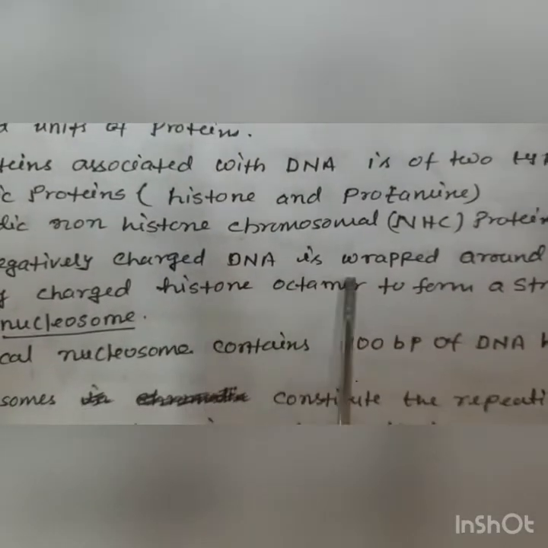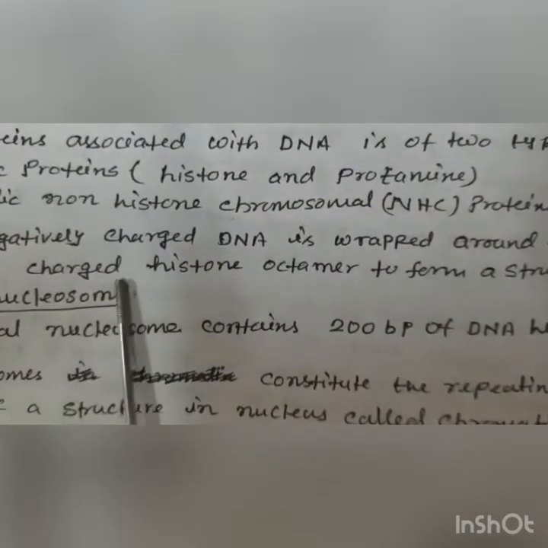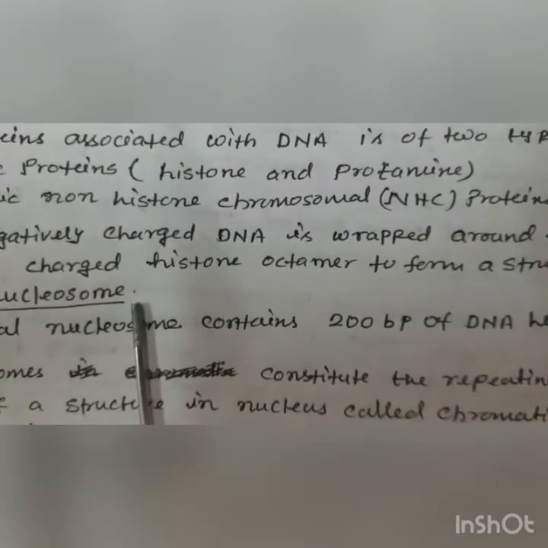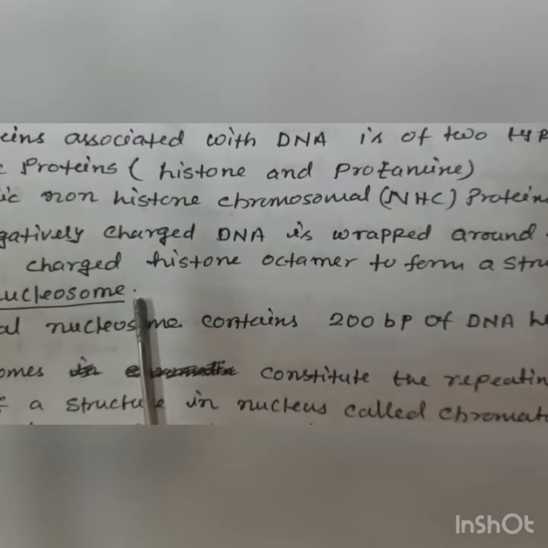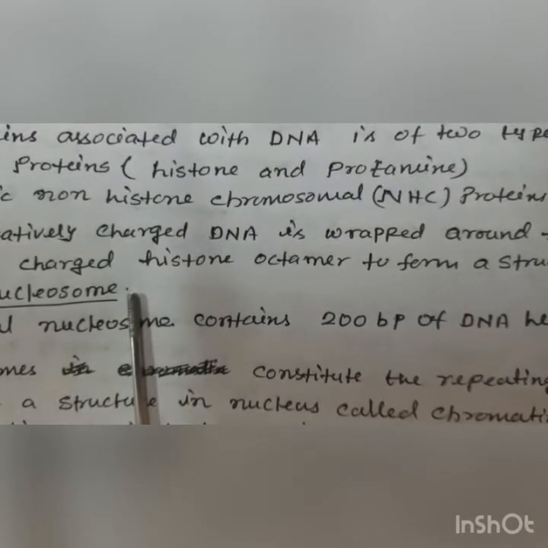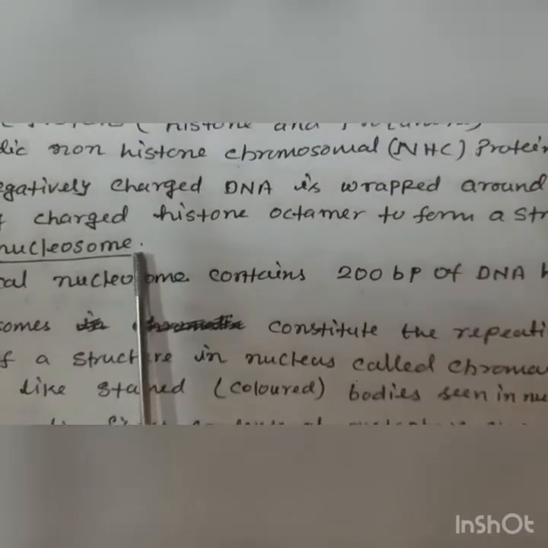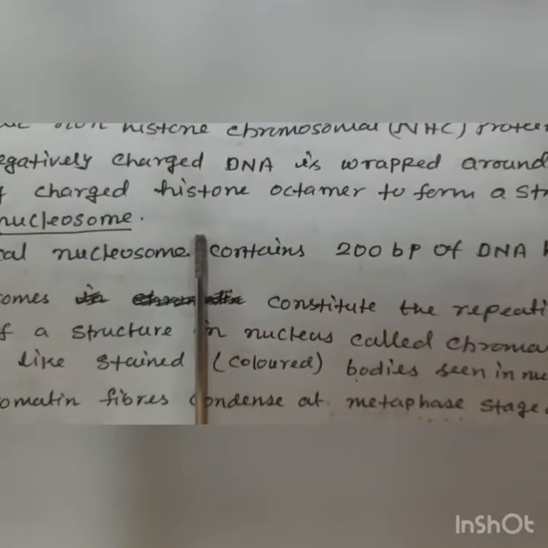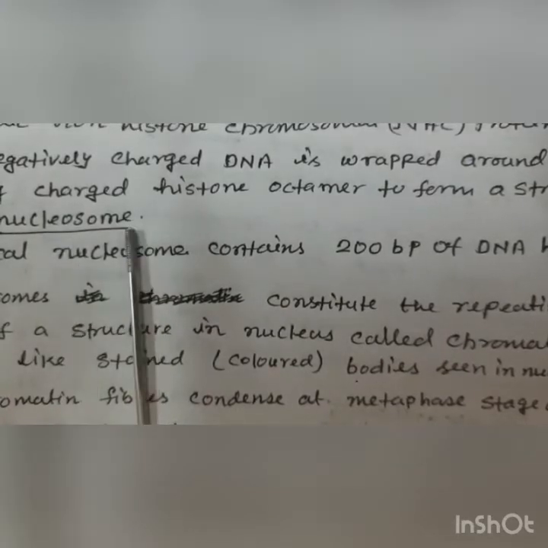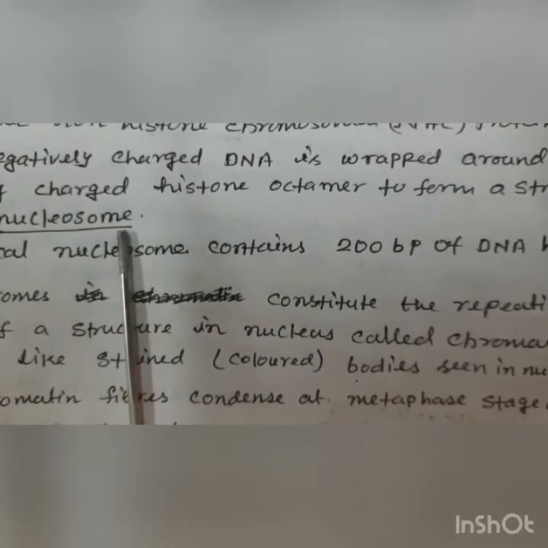Negatively charged DNA is wrapped around the positively charged histone octamer to form a structure called nucleosome. Now we can say that in case of the prokaryotes, it is organized in a structure which is known as a nucleoid, whereas in eukaryotes the DNA is accommodated in the structure which is known as a nucleosome.